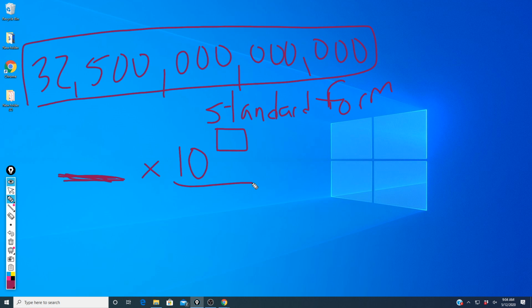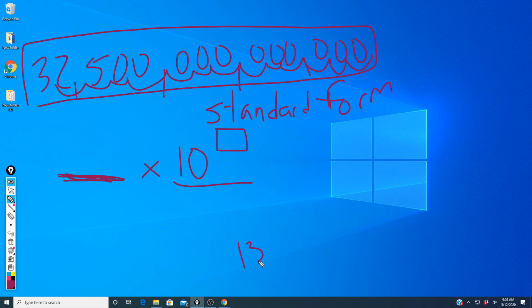So instead of writing 32 and a half trillion every single time, we can say, how many times am I moving over to the left? 3, 4, 5, 6, 7, 8, 9, 10, 11, 12, 13. It's 13 times we're moving over.